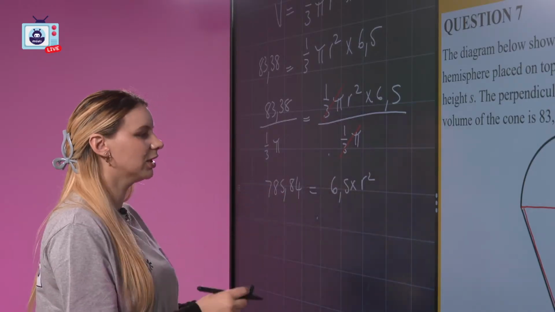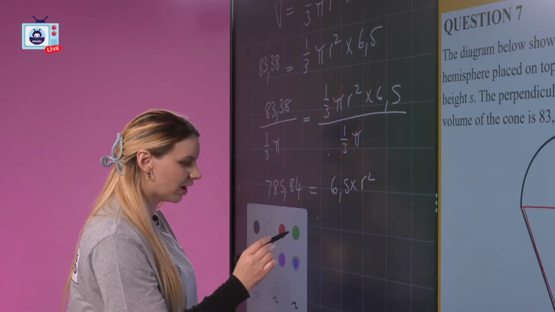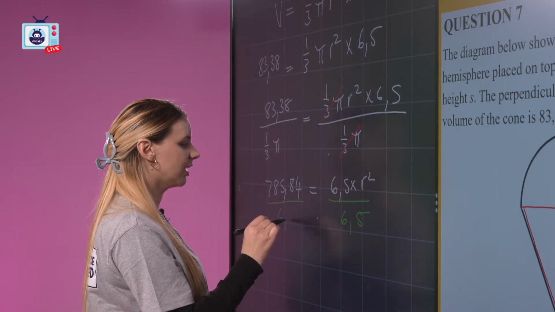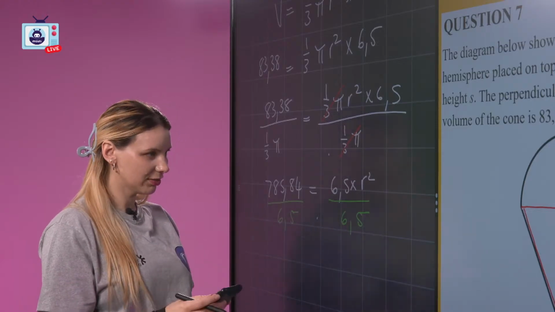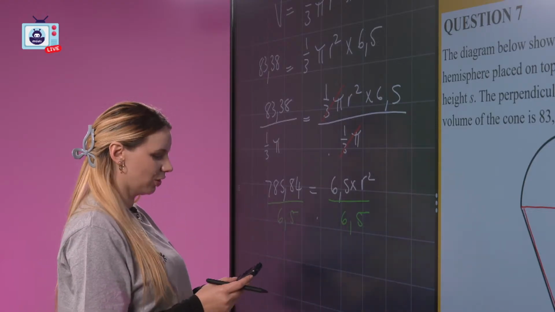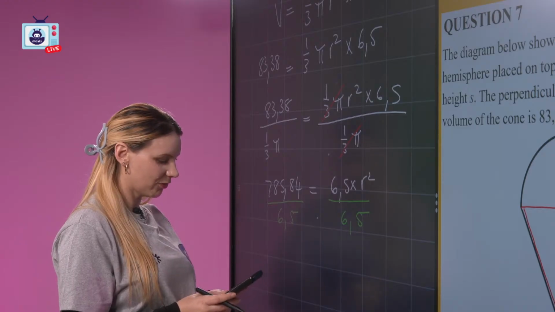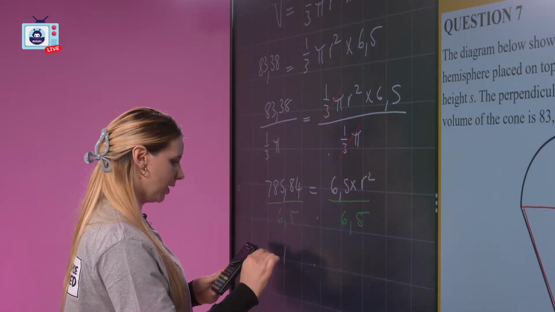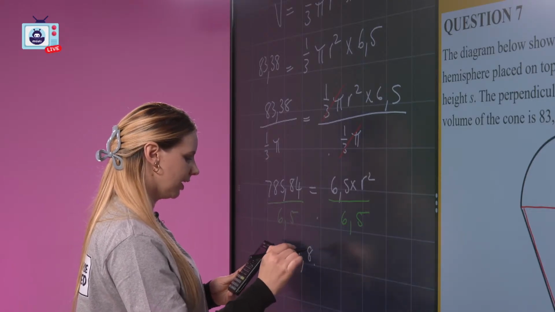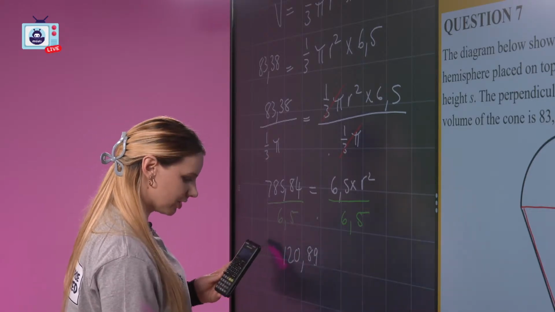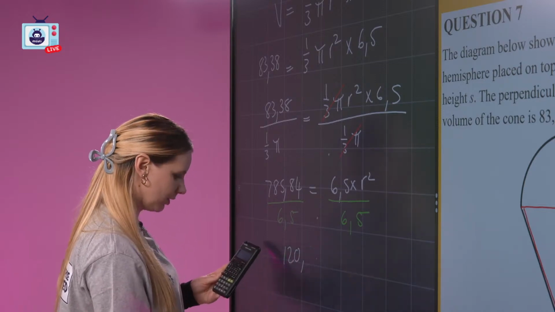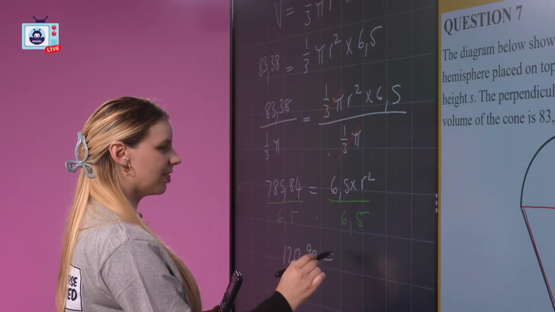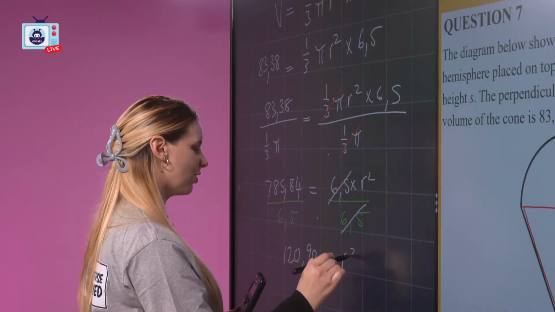Then all I need to do is divide by 6,5 on both sides, and I should get my radius squared. Divide by 6,5. I've got 120,89, which rounds to 120,90. And that will cancel, and I've got r squared.